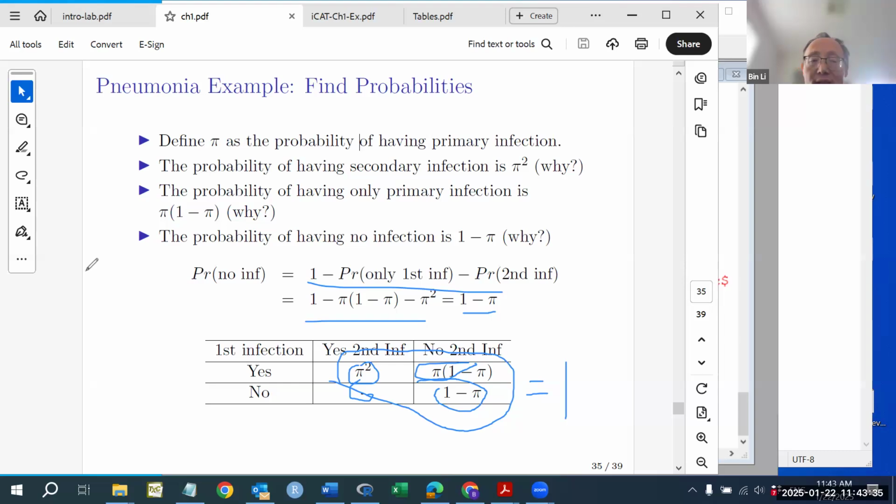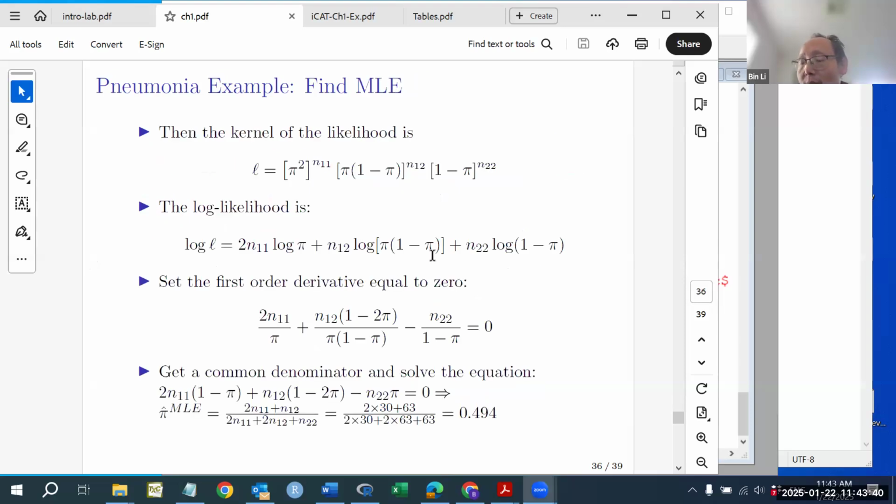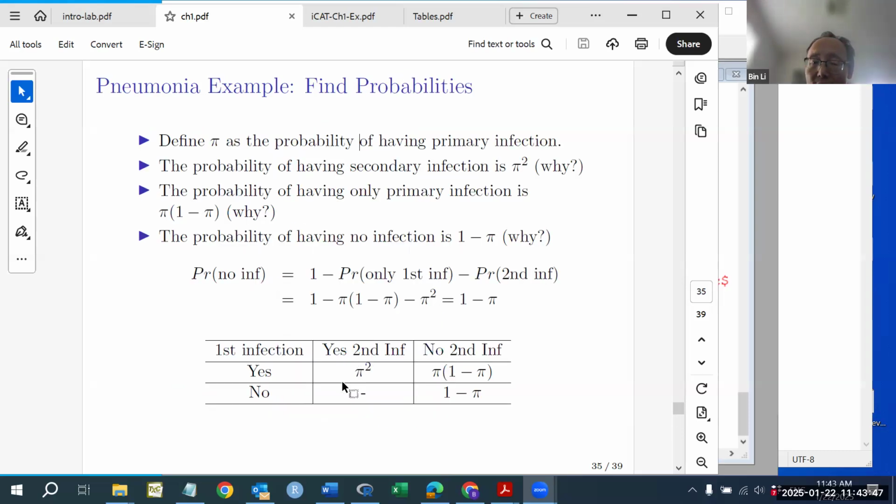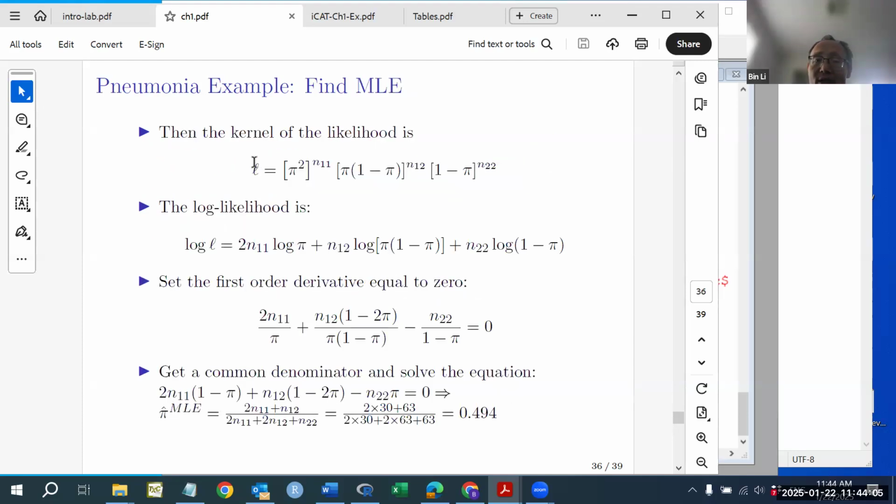If you are clear about this, then we can find out the MLE. How to find out the MLE? We have 3 situations, 3 categories. The first one has the probability pi squared. The second category has the probability pi times 1 minus pi. The third one is 1 minus pi. Then we can have the kernel of the likelihood.